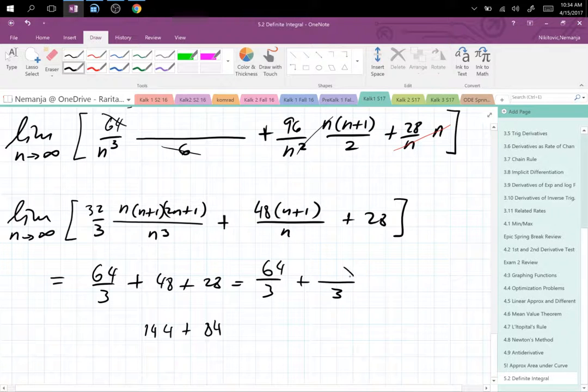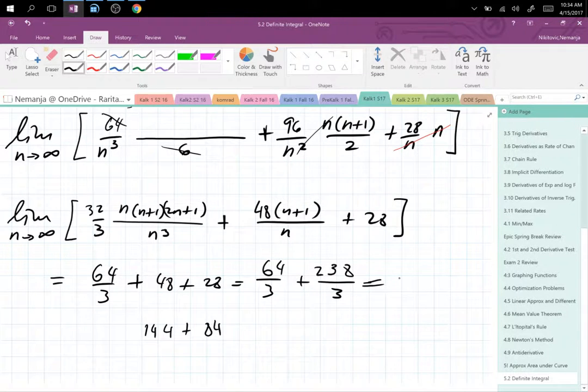So I have an 8, and I have 13, and now if you add these, you end up with a different number again. Wait, what? I got 292 over 3, right?